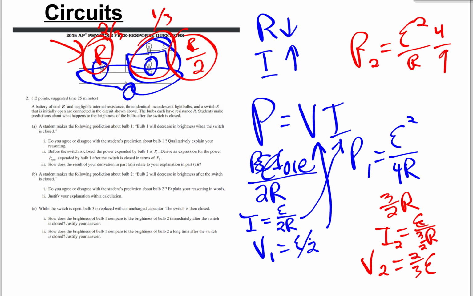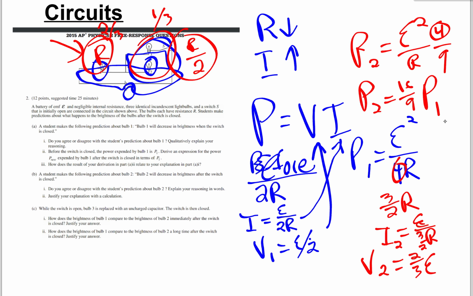Yeah, so P2 is 16 over 9 P1. So P2 is brighter, more powerful than P1, and that's what we said in the first part, that the brightness would increase. So that's good. It's always good when things work out.